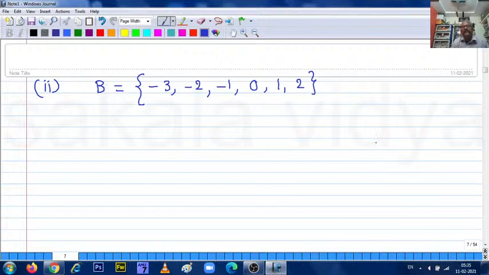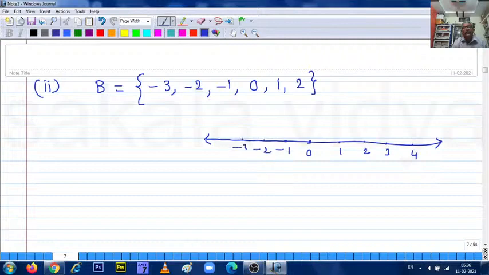Because in between, take the number line, for example, this is a number line. 0, here 1, this is 2, this is 3, this is 4. Here -1, -2, -3 and -4. So what is the condition?